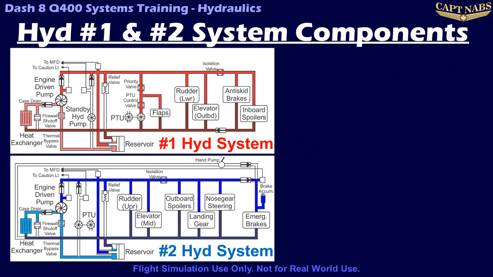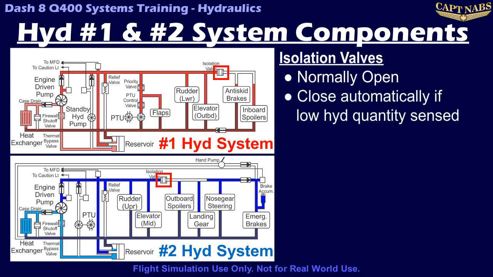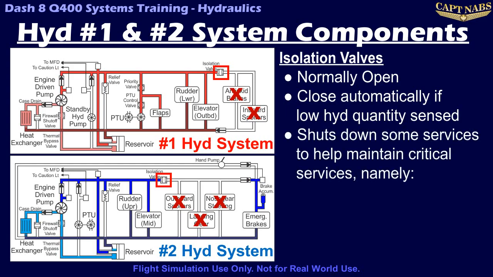Each of the main hydraulic systems contains an isolation valve, which is normally open. If system fluid quantity, as measured in the reservoir, falls below a certain value, then the isolation valve will automatically close within the corresponding system. This isolation valve then stops hydraulic fluid from flowing to certain services, helping to feed certain critical services and keep them functioning.